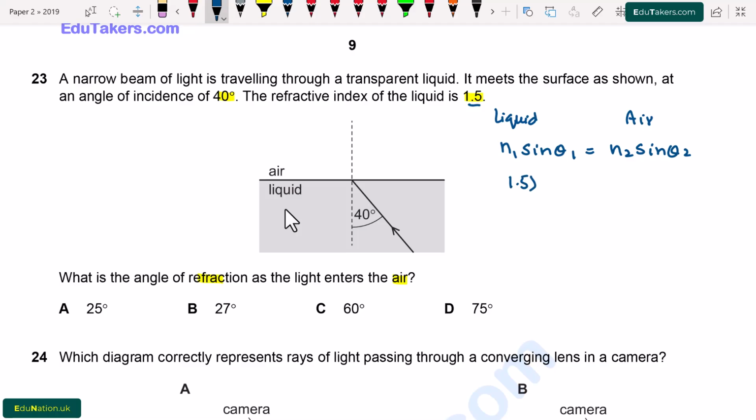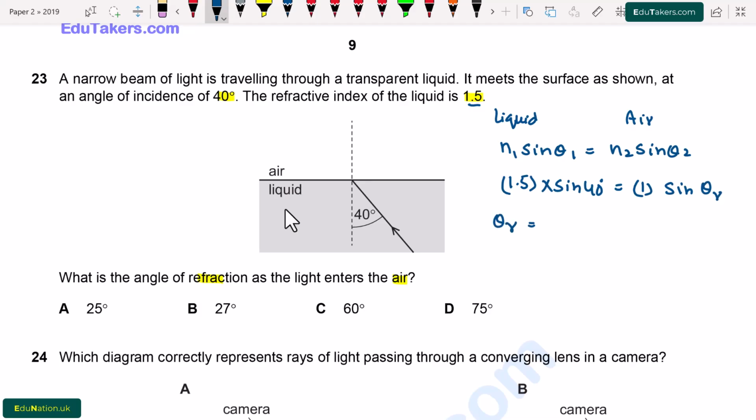So 1.5 multiplied by sin of 40 degrees will be equal to n2, which is the refractive index of air, and it is equal to 1, times sin θ2. θ2 is basically the angle of refraction, so I write here θr.